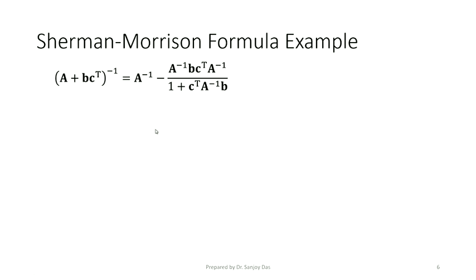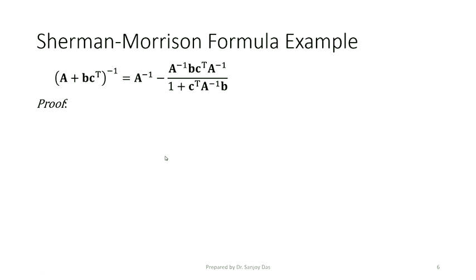So when you have something in the denominator, make sure that it's a scalar quantity. 1 is a scalar here. C transpose A inverse B, if you look at the dimensions, will give you a scalar, this product. Okay? So let's prove it.